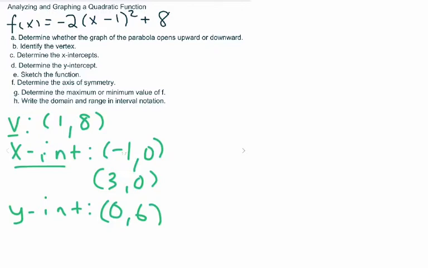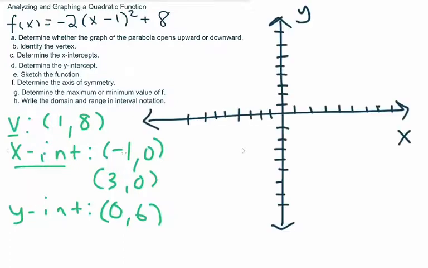For part E, we are asked to sketch the function. We're given now vertex 1, 8, x-intercepts negative 1, 0 and 3, 0, and we found our y-intercept 0, 6. We can use this information to plot our points and create the graph.